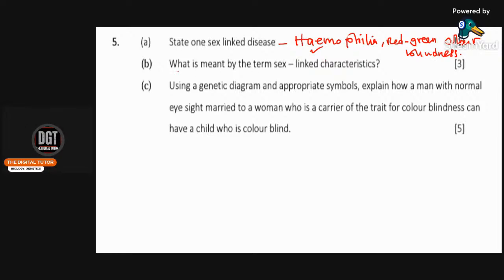Then the second question: what is meant by sex-linked characteristics? Sex-linked characteristics or disorders are one and the same here. These are the characteristics linked to the sex chromosome.